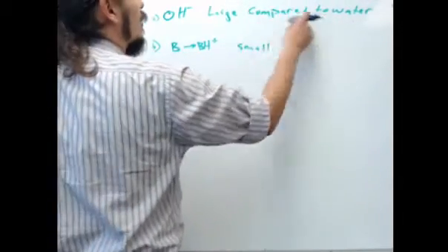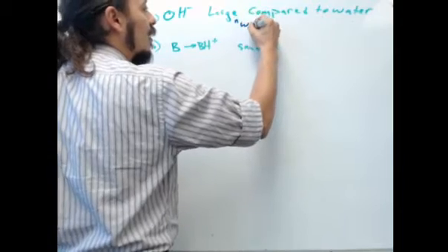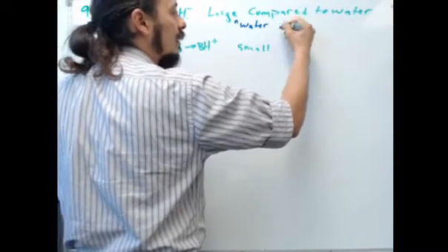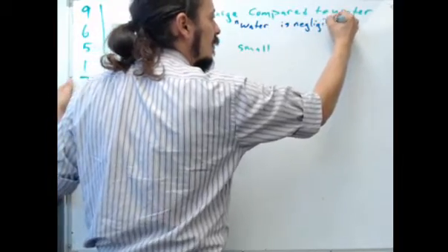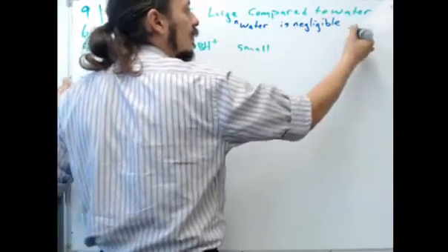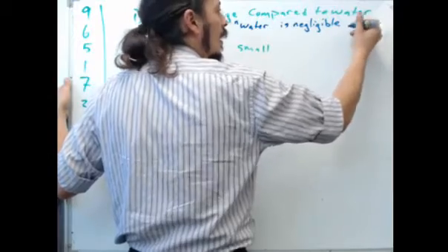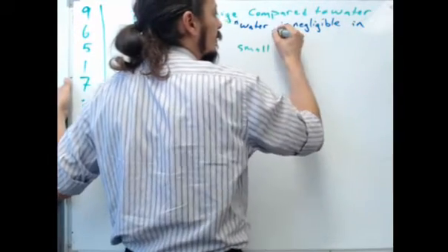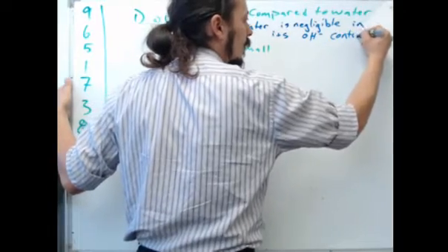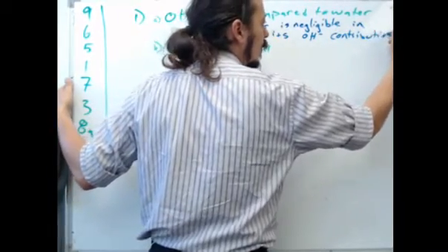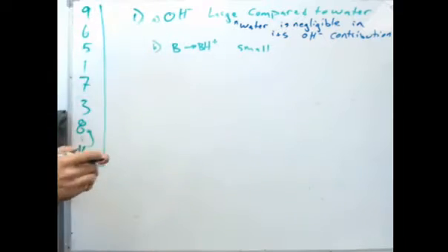So this OH is large compared to water is another way of saying water is negligible in its OH minus contribution, right? We can ignore water.